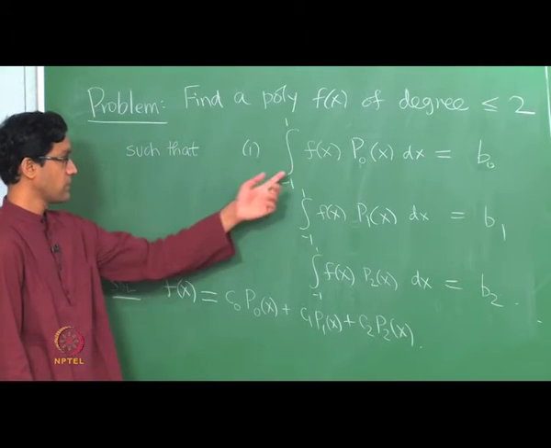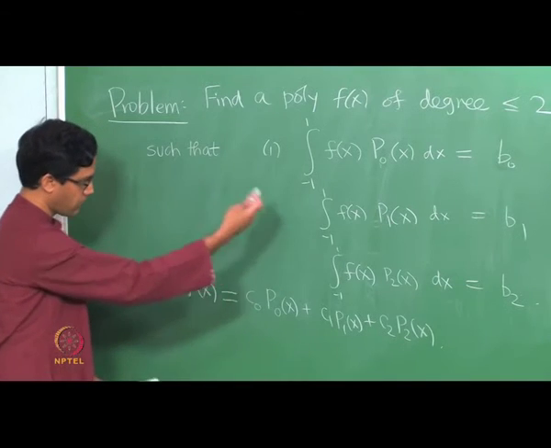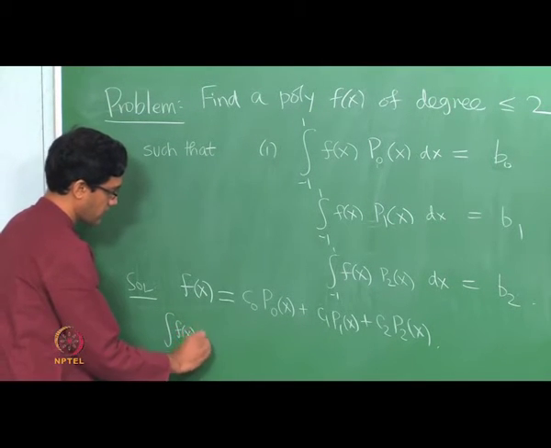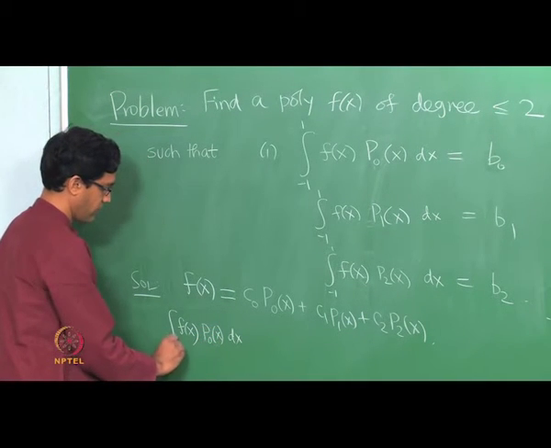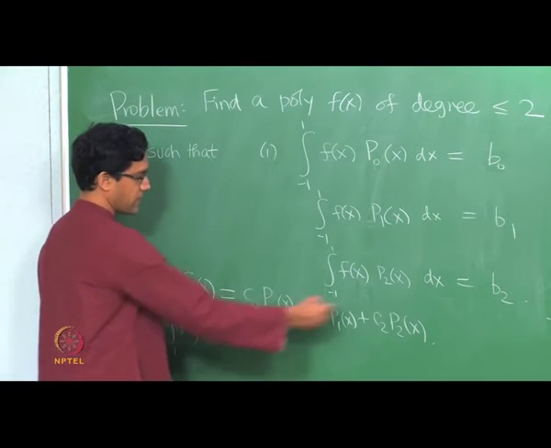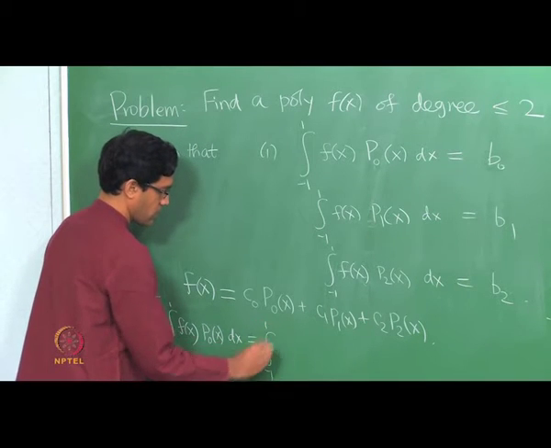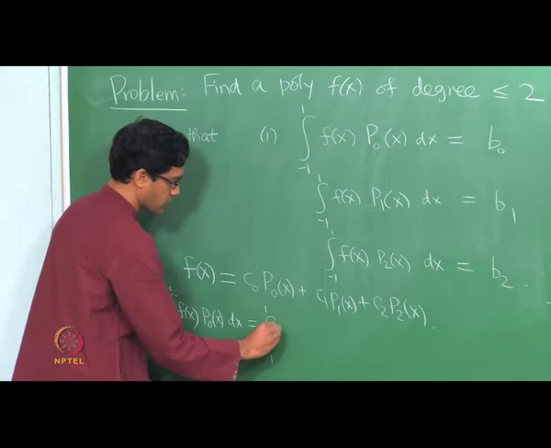Now what is given here is the integral of f of x multiplied by some one of the pi. So observe, if I compute the integral of f of x with let us say p0 of x between the limits -1 and 1, then that is just the same as doing the integral on this side. So this is like saying I need to compute c0. So observe the integrals have the following property, you can pull constants out.